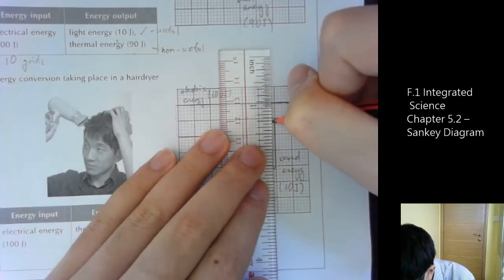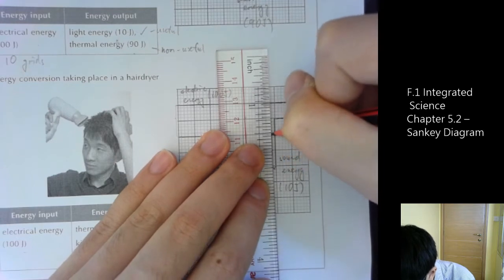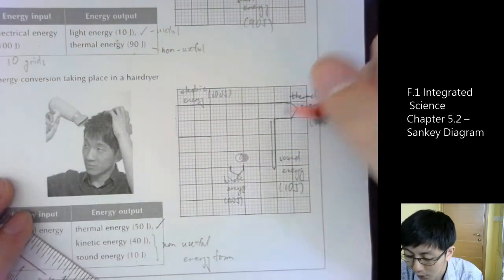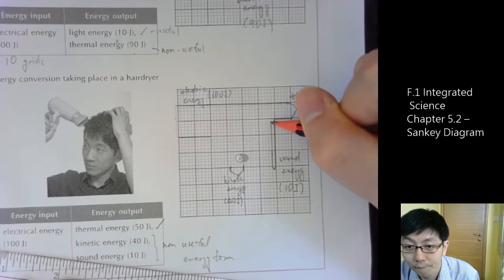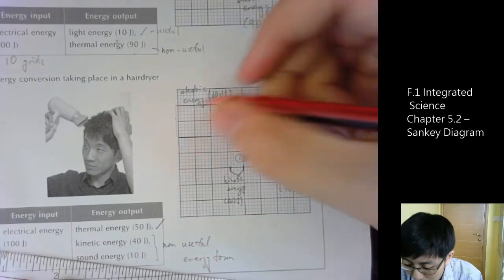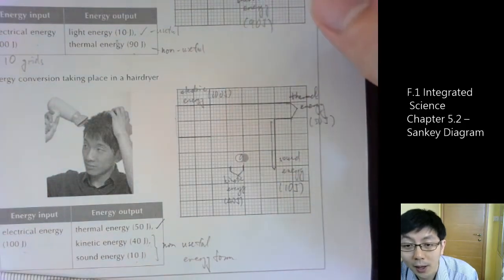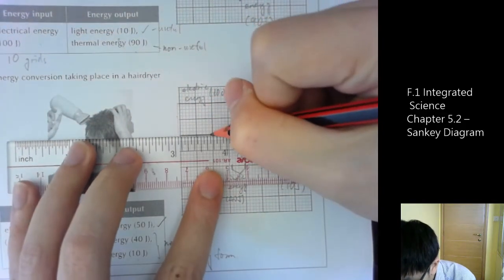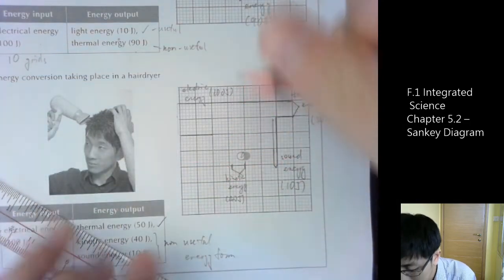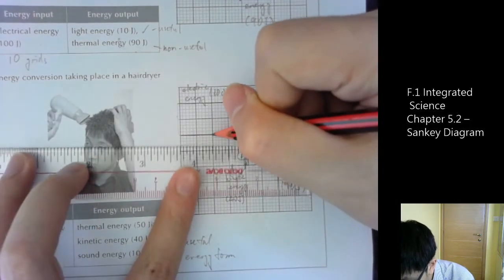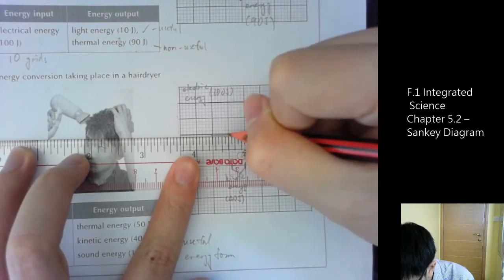That means originally we should have 60 joule here. So the arrow should be located here. Or some of you will think of it in another way. The first energy loss in this diagram is the kinetic energy. So I draw a diagram here like this.